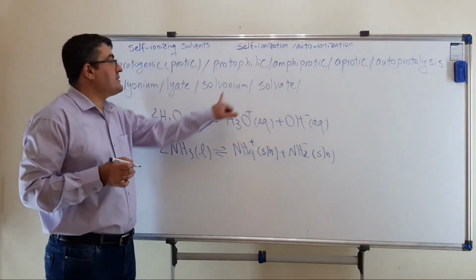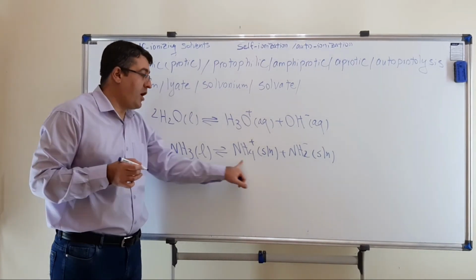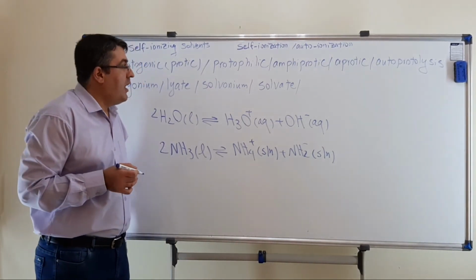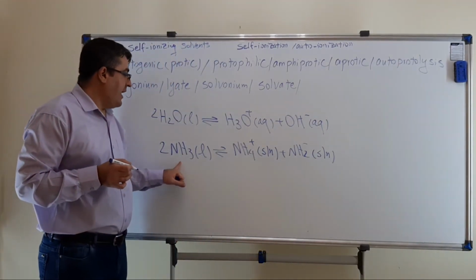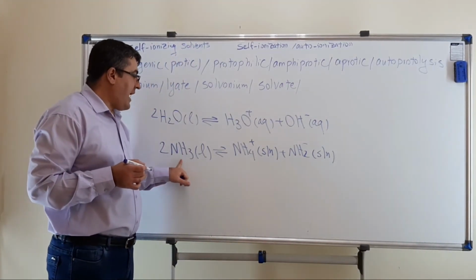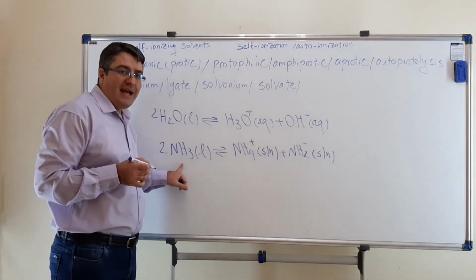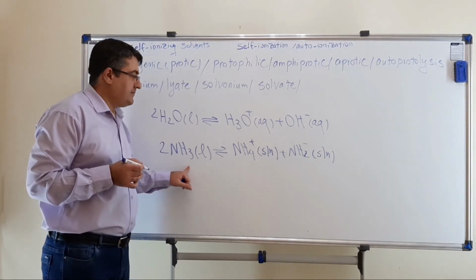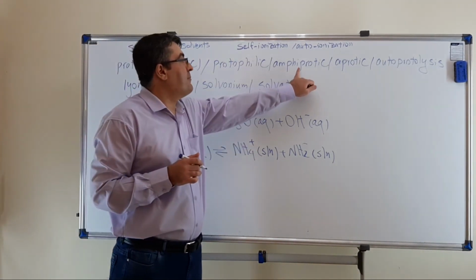Also, ammonia is protophilic because it can accept H+ and become ammonium. It is also amphiprotic because it can both act as a proton acceptor and a proton donor. It can act both as a Brønsted acid and a Brønsted base. Therefore, it is considered as an amphiprotic solvent.